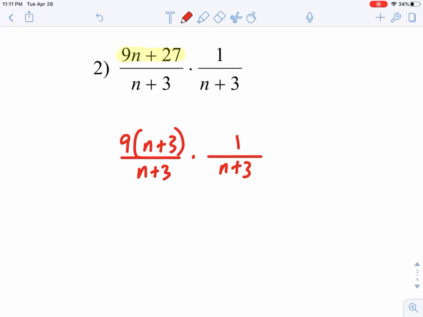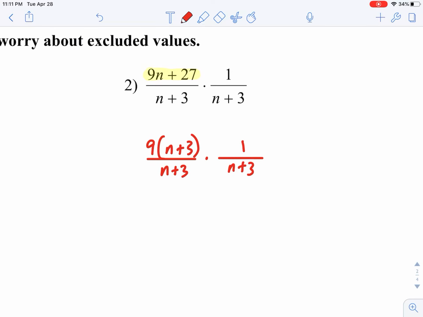And then, like I said in the notes up there, factor and then cancel. You can cancel this n plus 3 with that n plus 3 and they're gone. Now you might ask, can you cancel with this n plus 3? And you can't. Once it's canceled, it's gone. So if these are both gone, there's nothing left to cancel with that one.